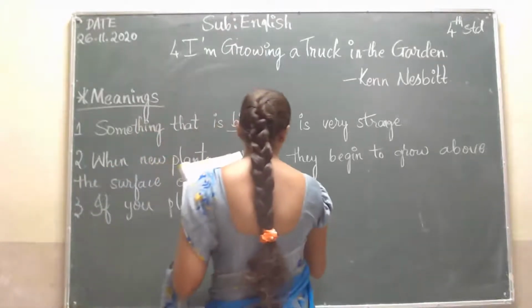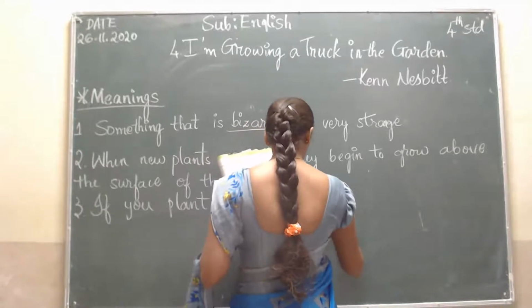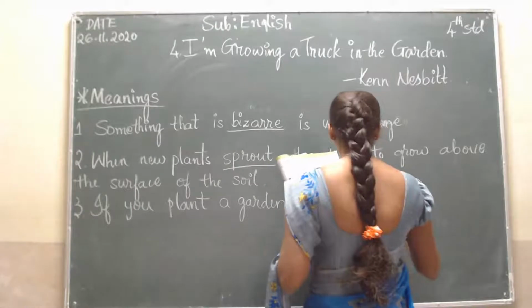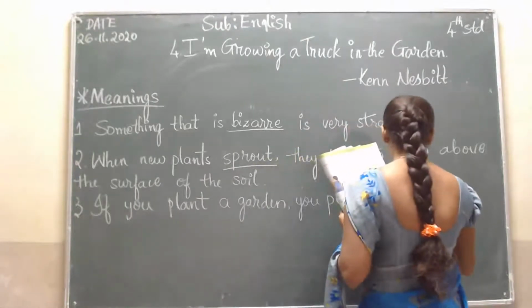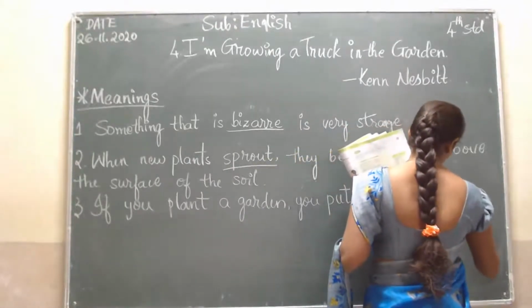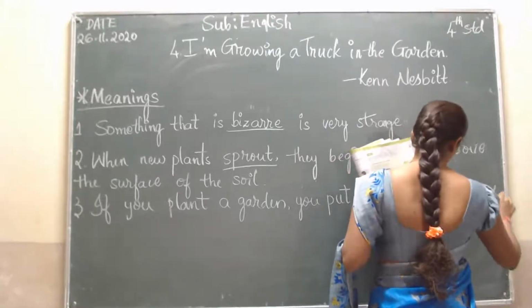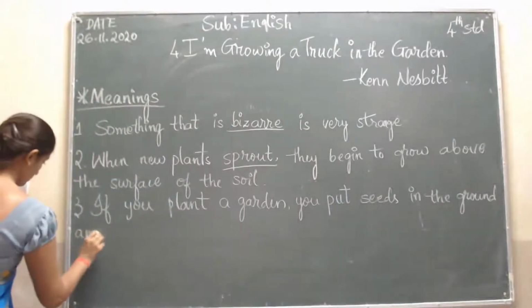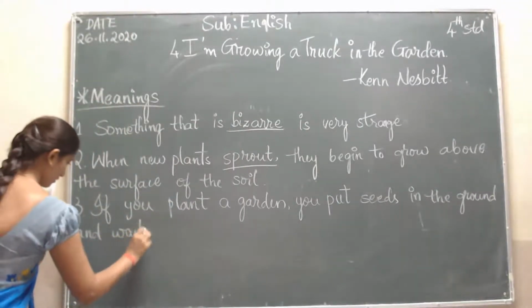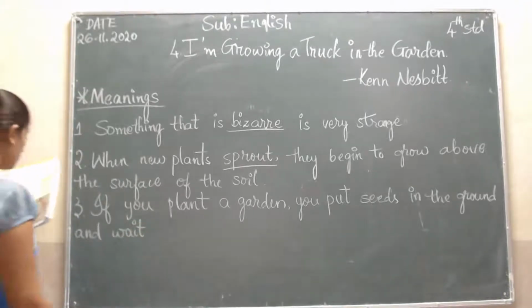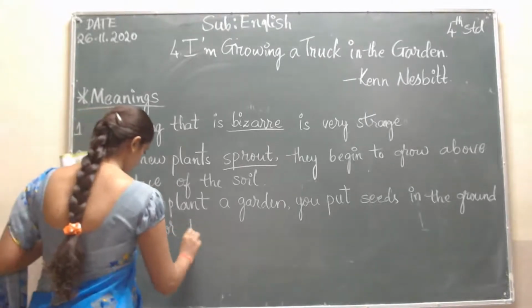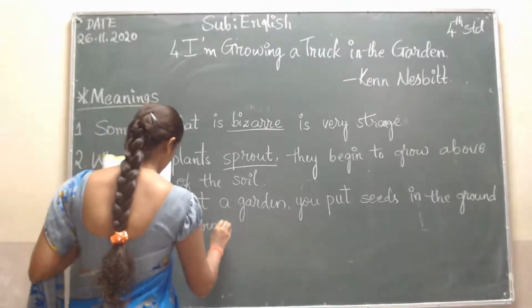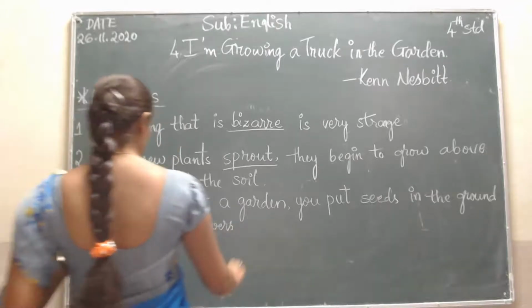The meaning of plant a garden is: you put seeds in the ground and wait for the flowers to grow.